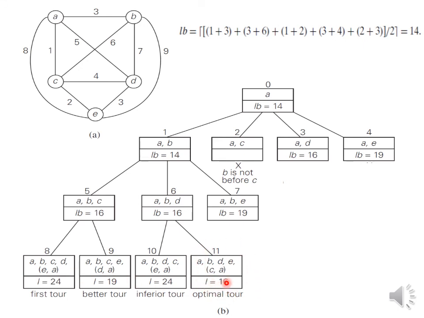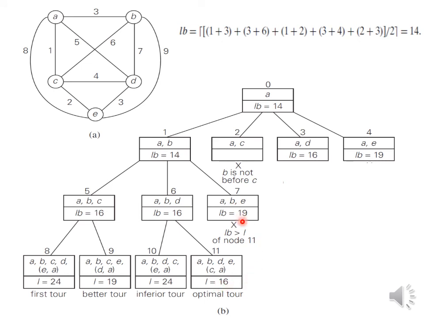Now let us explore the other nodes which are not explored, to see whether we can get better solutions. We already have a solution with length 16. Going back to node number 7, we can see that the lower bound is 9, so the lower bound is not greater than... we compare against the solution we already got. Expanding this won't give us a better solution than node 11 with length 16.